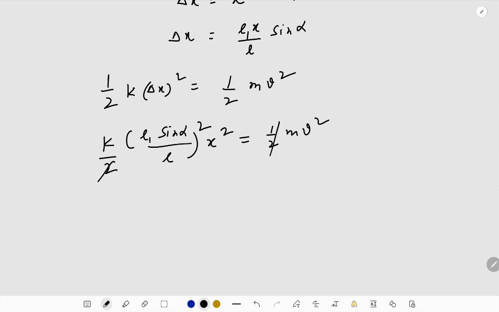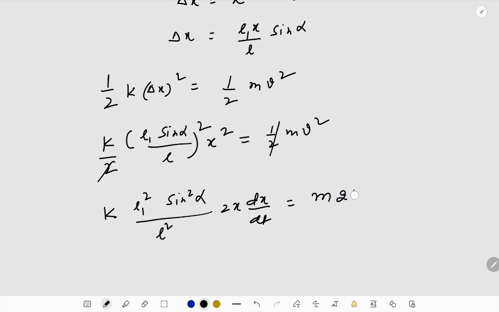And after differentiating, I can write here k L1 square sine square alpha, alpha is a given value so it's a constant, by L square, 2x dx by dt equals m 2v dv upon dt.